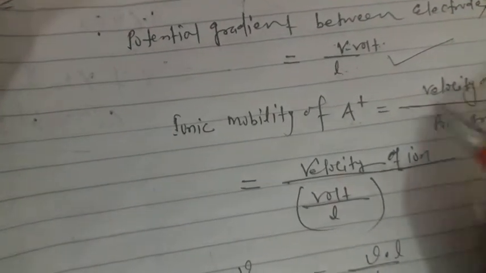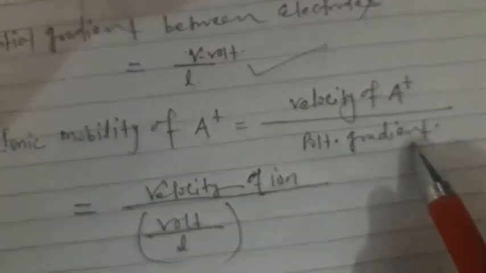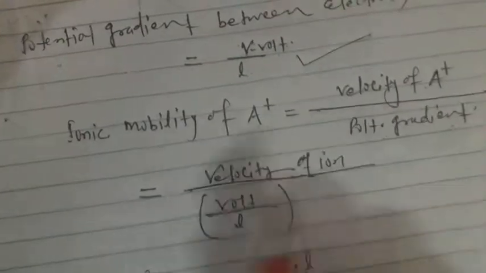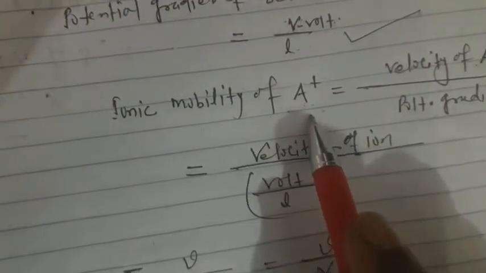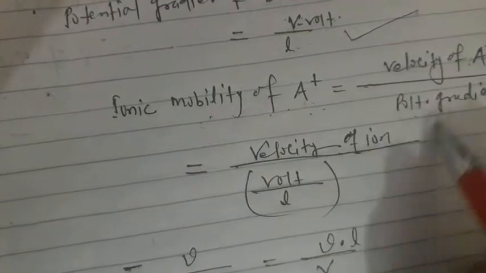So the velocity of any ion divided by the potential gradient gives the ionic mobility of the ion. So from the definition, the relation between ionic mobility, velocity and potential gradient is that, the potential gradient is V by L, and the velocity of A plus is v, so for V by L potential gradient, the velocity is v.